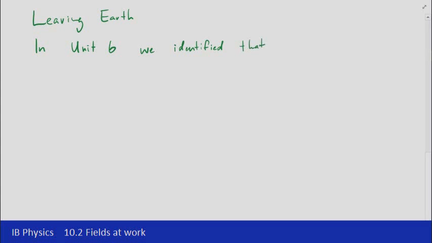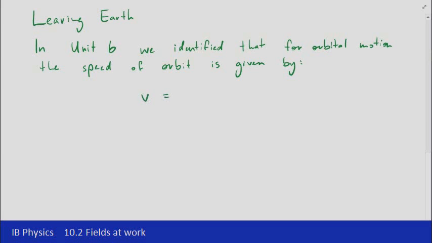So for orbital motion, the speed of orbit is given by this equation that we'll have a look at. And that equation is that the speed v is equal to root GM on r.